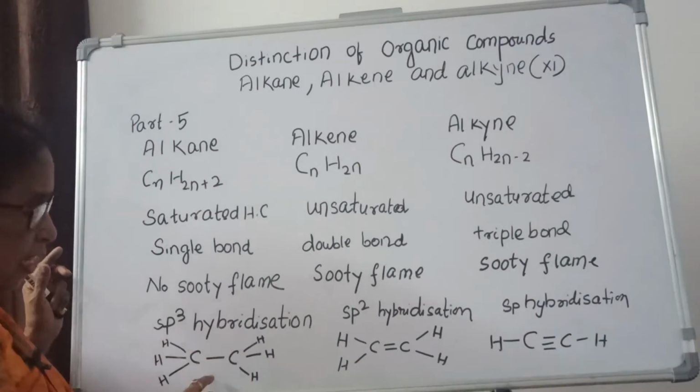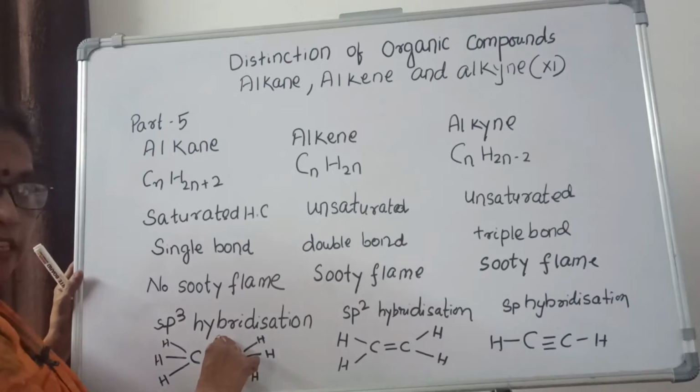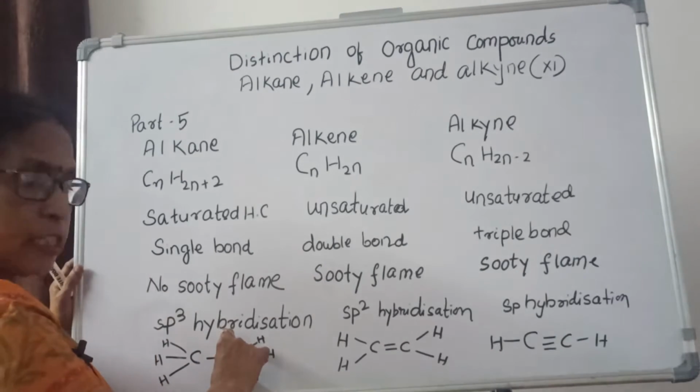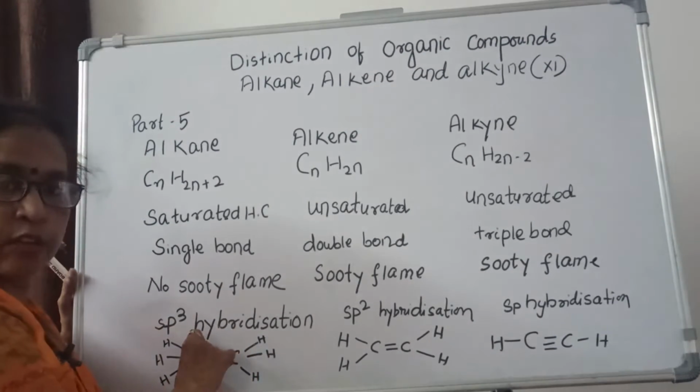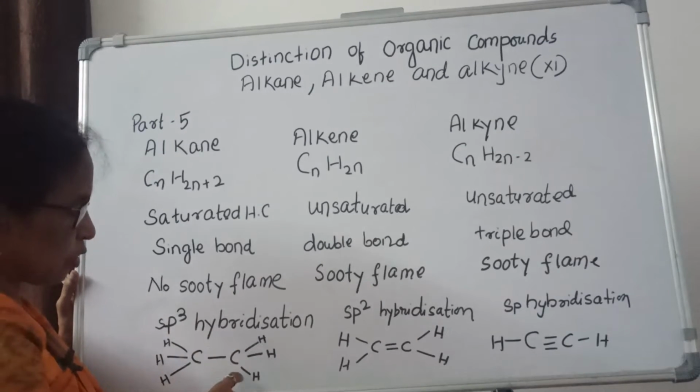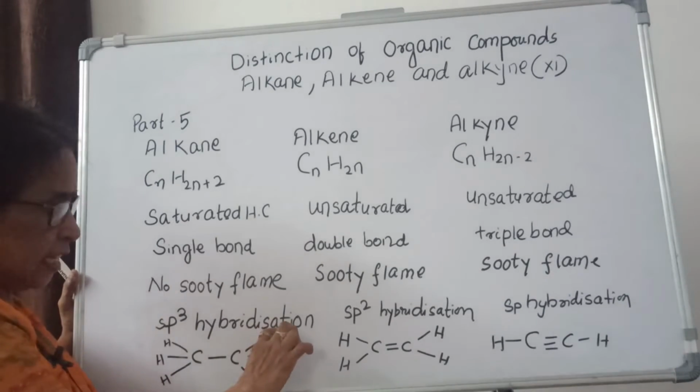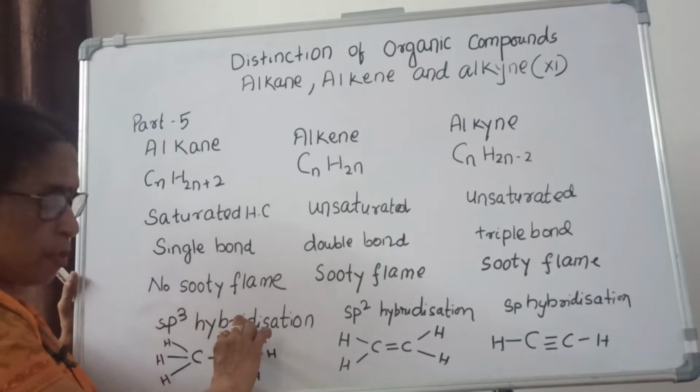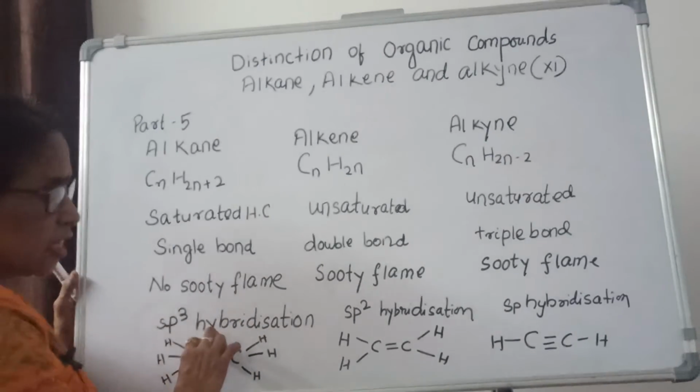Ethane contains single bonds, and each carbon undergoes sp3 hybridization. Three H are attached to this carbon, and three H attached to this carbon.